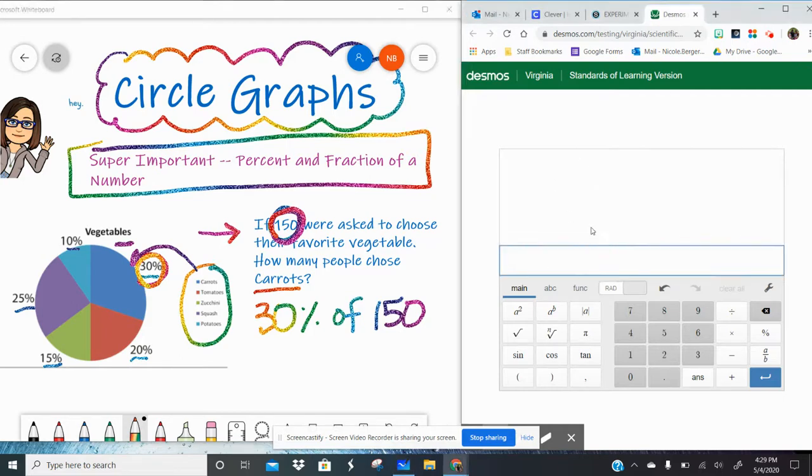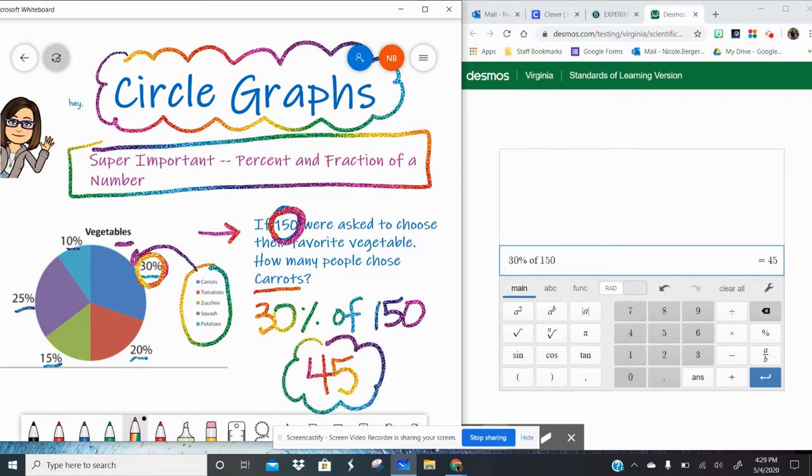If I go over to my calculator, there's a super simple way to do this. You can literally type it right in. You're going to do 30, then come over to the percent sign, and you'll see the percent and then the word "of" come up on the calculator. Then you just type in your total number of people surveyed. So 30% of 150 people is 45 people who like carrots.